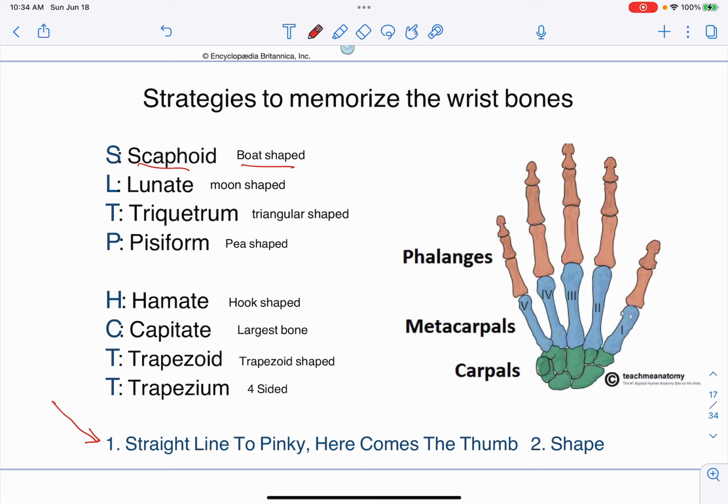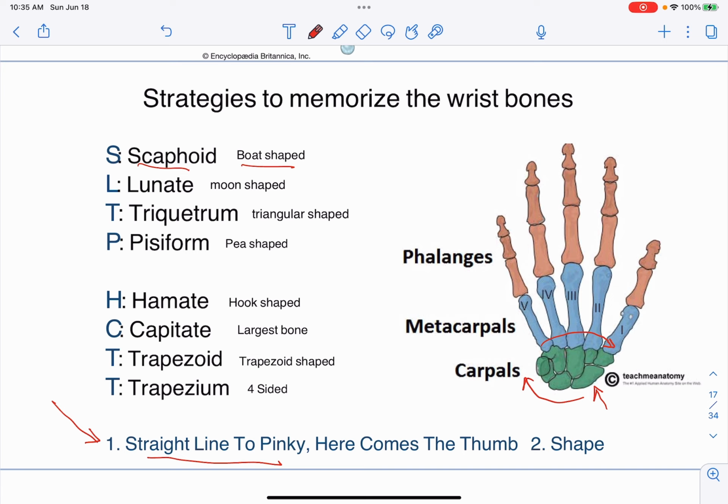So straight line to pinky, you always want to start near the thumb and work toward the pinky because it's a straight line to the pinky. So straight line to the pinky, and then here comes the thumb going this way. So it's a clockwise motion. And again, the S stands for scaphoid, the L stands for lunate, the T stands for triquetrum.